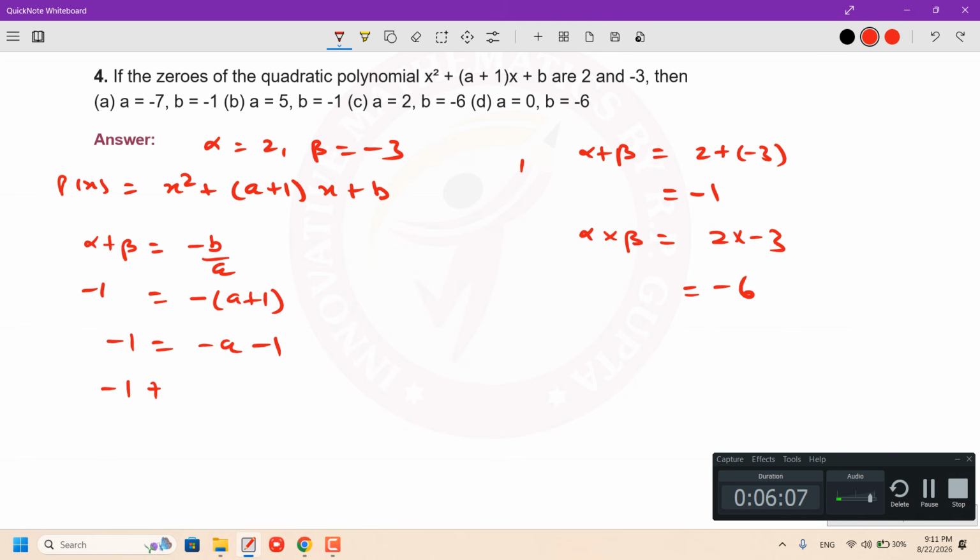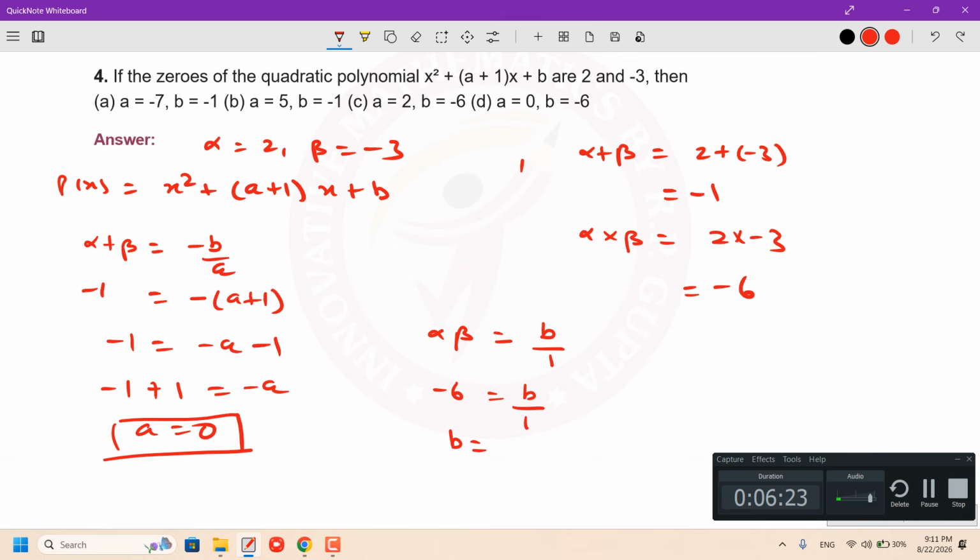So minus 1 plus 1 equals minus a. So a equals 0. Now alpha into beta equals c upon a, which is b upon 1. So minus 6 equals b upon 1. So b equals minus 6. So 0 comma minus 6 is your answer.